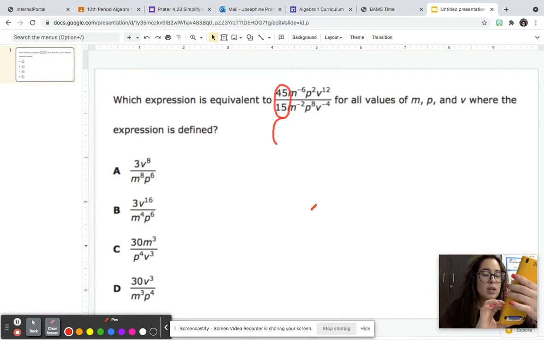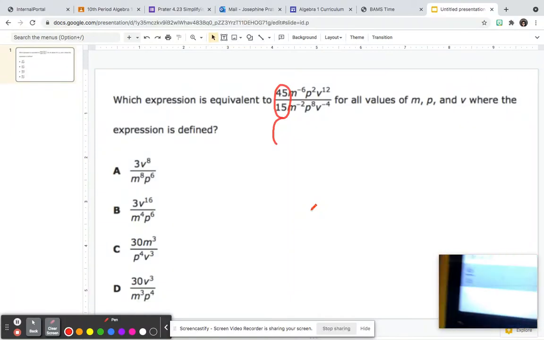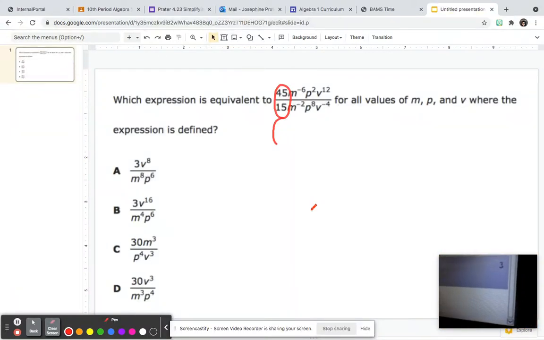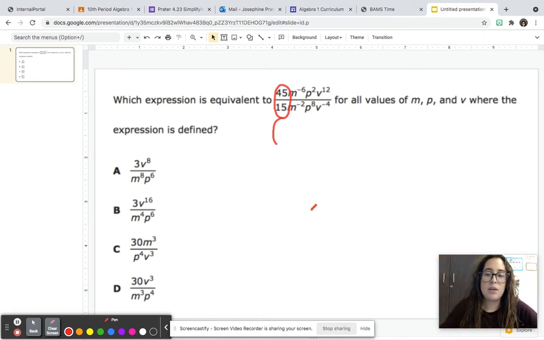So I will be putting in 45 divided by 15, and it gives me 3. Now this is 3 whole, and because this is all a fraction, I'm going to put it over 1, because any whole value can be placed with 1 as its denominator and keep the same value no matter what. So now I'm going to go with the m's.